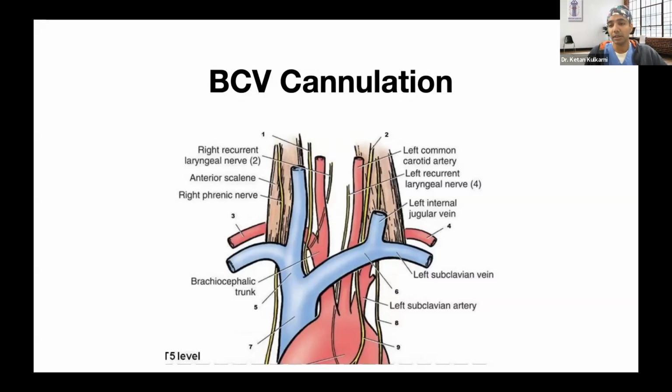Personally, I feel this is a less commonly approached way for central venous cannulation. A brief anatomy about the BCV: it's formed by the fusion of two big veins, the internal jugular and the subclavian vein. The left-sided vein is relatively longer than the right-sided vein.